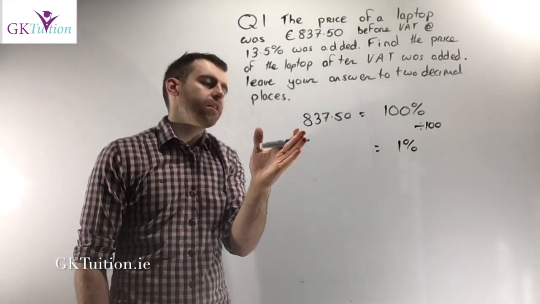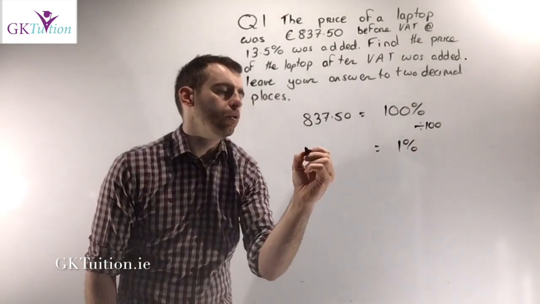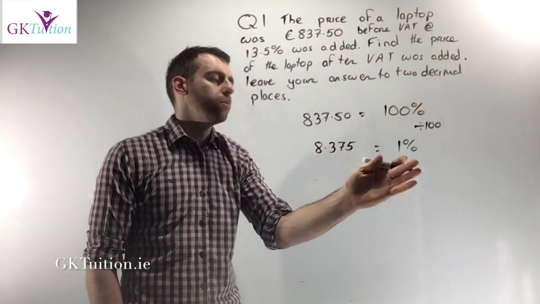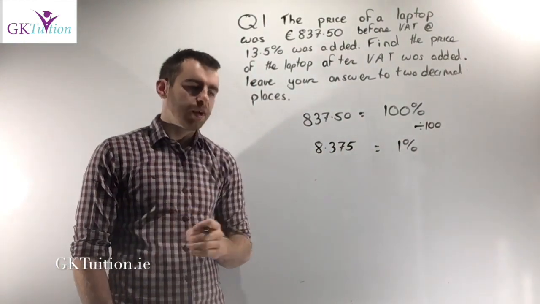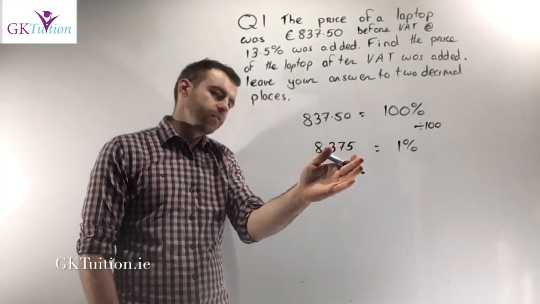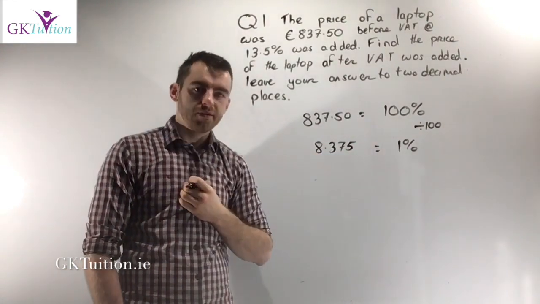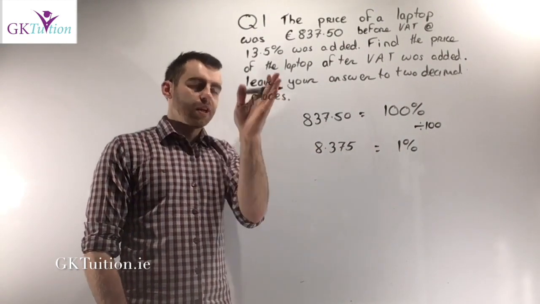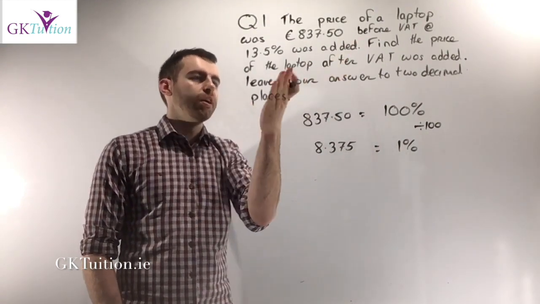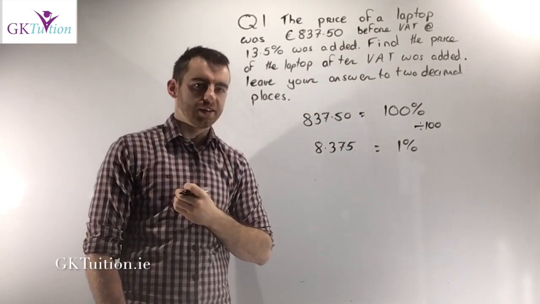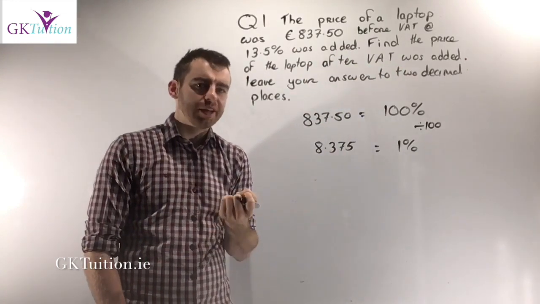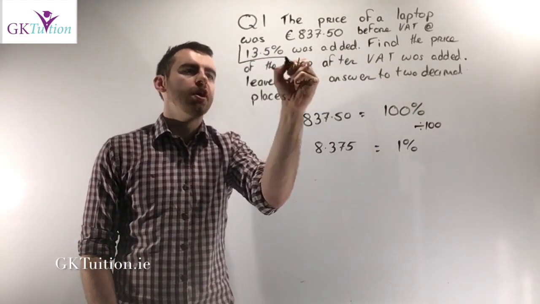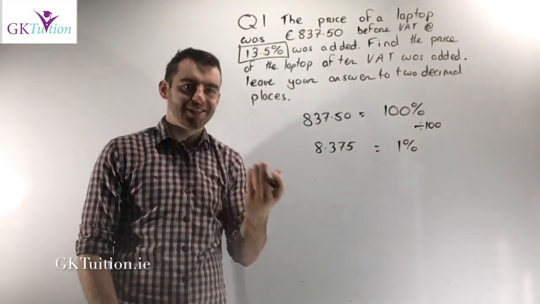If you divide 837.50 by 100, you're going to get 8.375. So 1% of the price of this laptop is 8.375 euros. Now that you know 1% of the price of the laptop, you can answer the question. It said find the price of the laptop after VAT was added. Well, once VAT has been added, you're going to have the original price of the laptop plus the 13.5% tax that's added on.